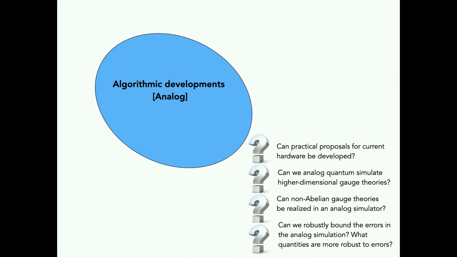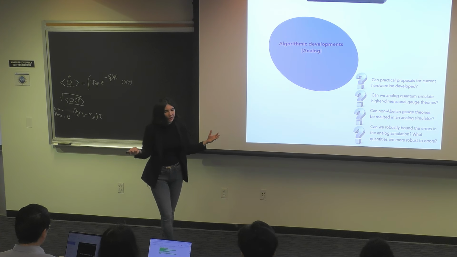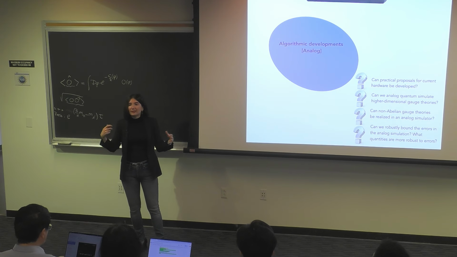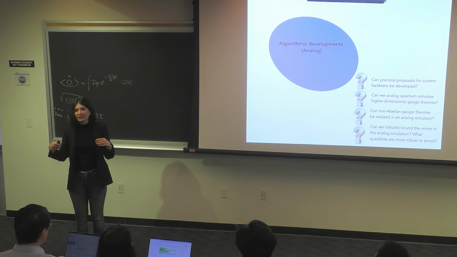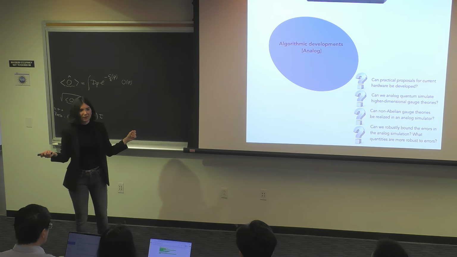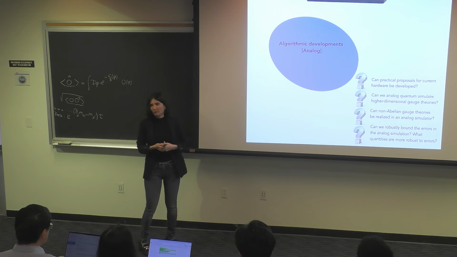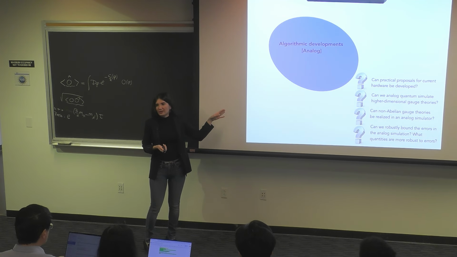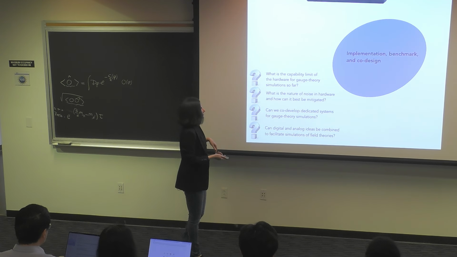Can I come up with quantities that are more robust, of a topological nature, or maybe some phase transitions that are more robust? Maybe I can already learn something about those qualities, and leave more quantitative predictions to digital and eventually fault-tolerant quantum computers. So these are all the questions that we're trying to figure out for this program.